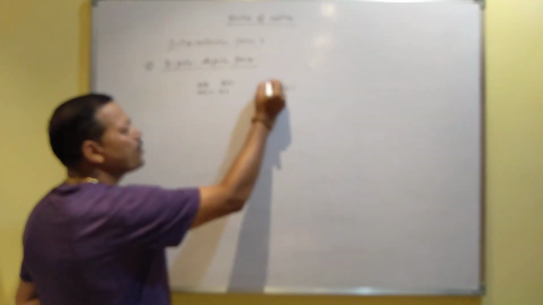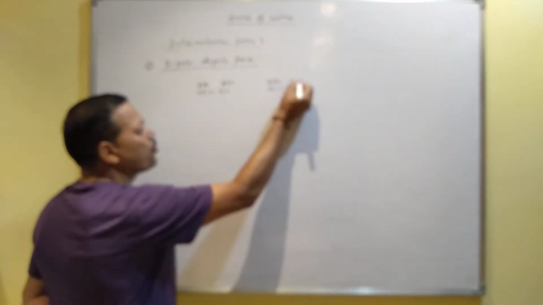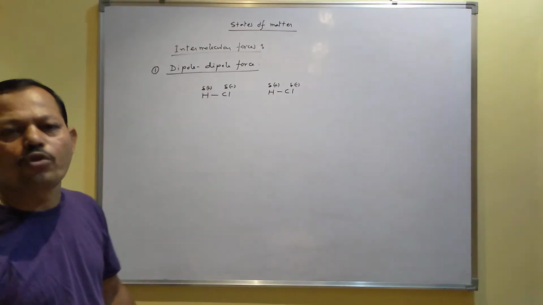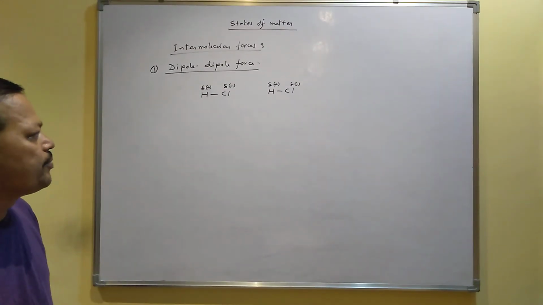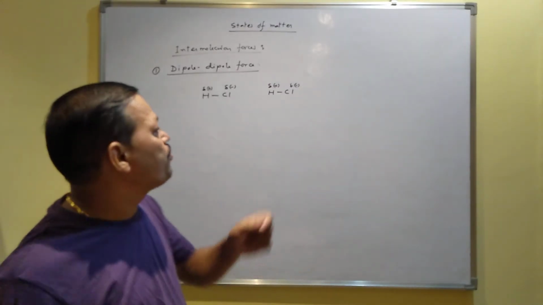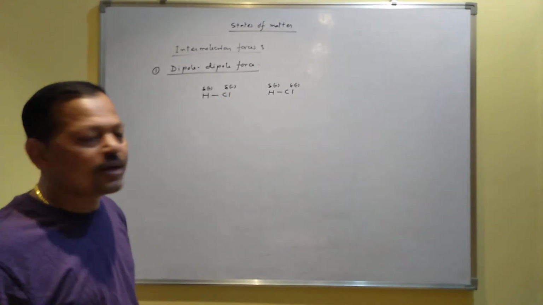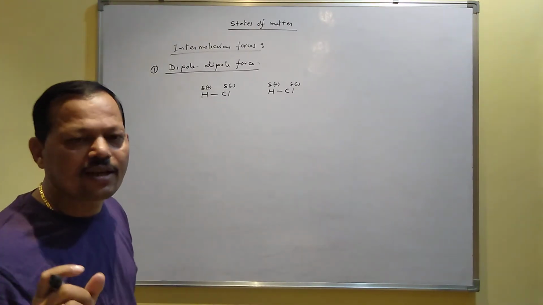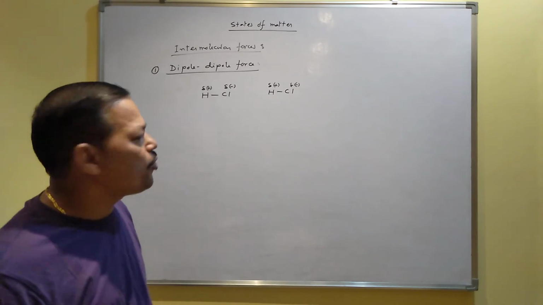Similarly, here also hydrogen is delta plus, chlorine is delta minus due to electronegativity difference, and this type of molecule is called a polar molecule. Now in between the polar molecules, the hydrogen bond may be formed between this positive and negative, but here, since chlorine is larger in size, chlorine cannot form hydrogen bonding.